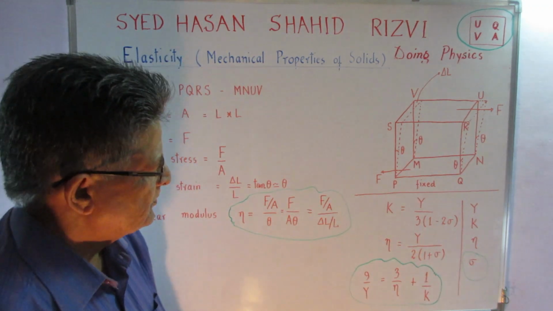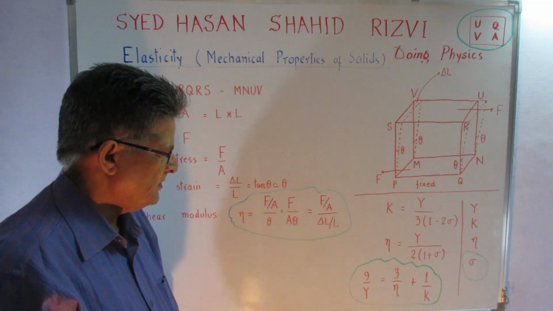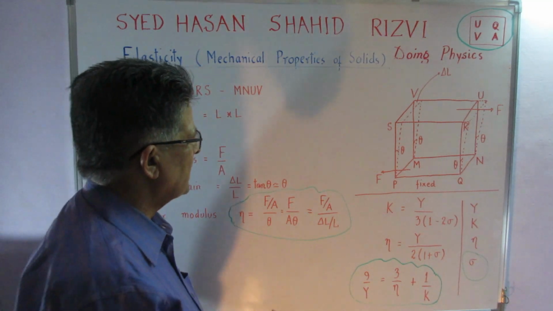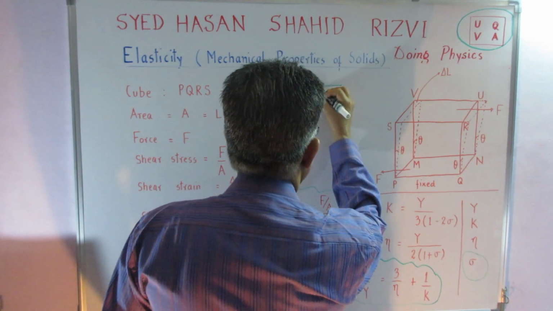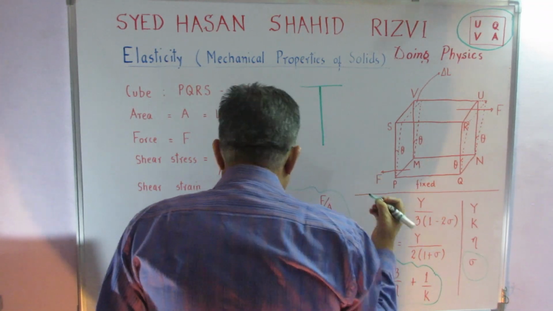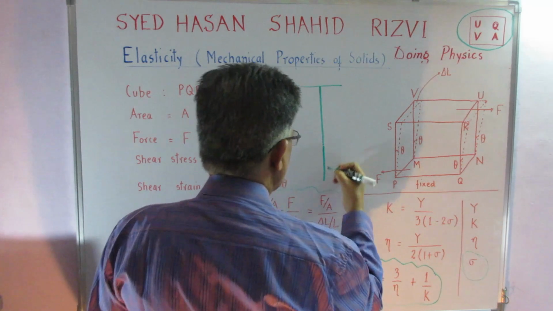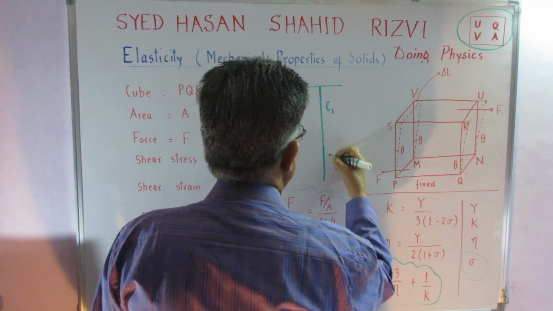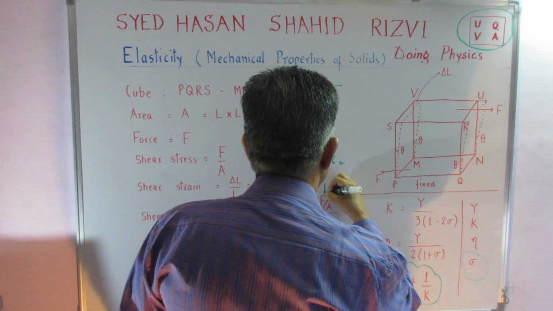So with that, I have not discussed any numerical things, but one of the interesting examples that you can do is having two materials of different lengths. This is L1 length, L2, and they are subjected to the same set of forces.